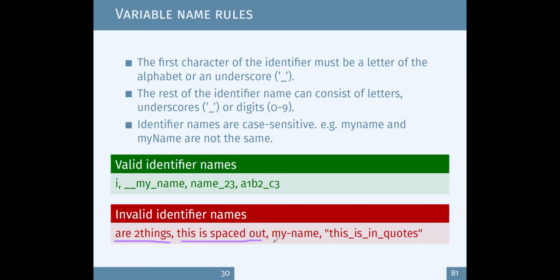Okay, what about the third one? What is the problem with the third one? We have my dash name. Okay, remember dashes are not valid in Python. Okay, good. What about the last one? What is the problem?